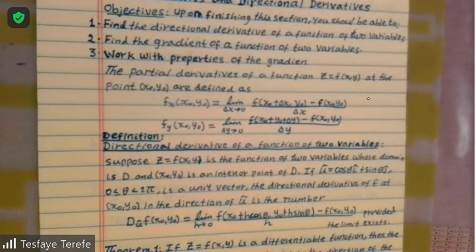If z equals f of x, y is a differentiable function, then the directional derivative of f at the point x sub 0, y sub 0 in the direction of the unit vector u, which has components u1, u2, is given by the partial derivative with respect to x multiplied by the x component of the unit vector, plus the partial derivative of f at the point x sub 0, y sub 0 with respect to y multiplied by the y component of the unit vector.